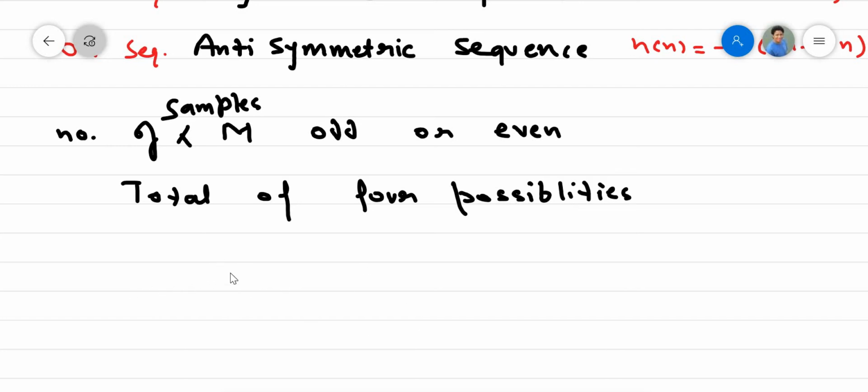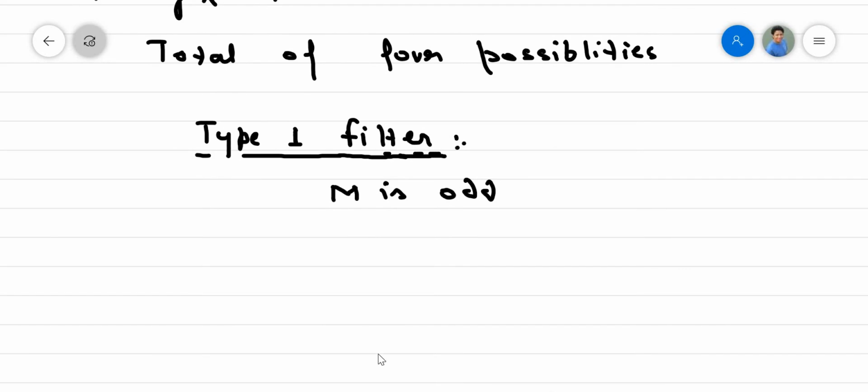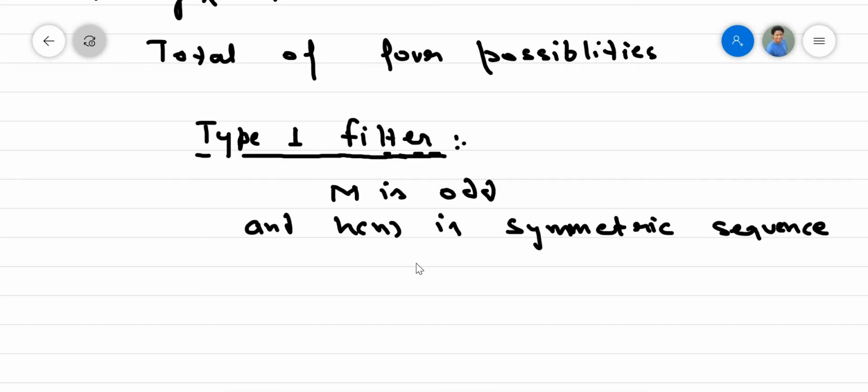So first is called type 1 filter. In this case, M is odd and h(n) is a symmetric sequence or even sequence.